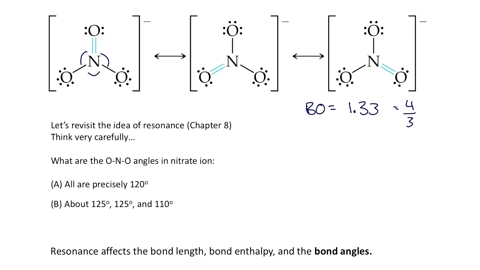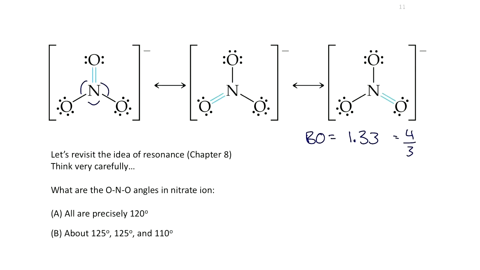Or are we going to see all bond angles that are exactly the same? What do we think? So take a second, think about it, and discuss it with someone next to you. Ask yourself, does that double bond exist? And maybe that'll help you with your answer.